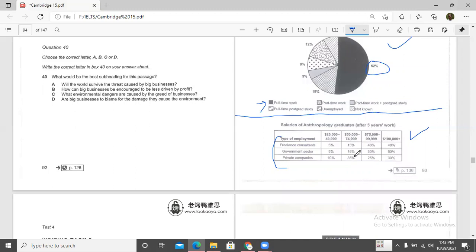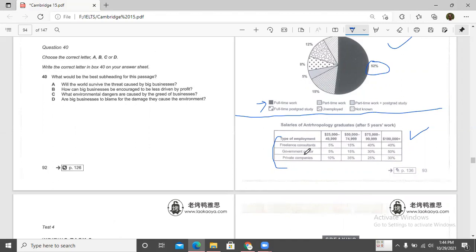If you talk about freelance consultants, 5% of the graduates went for freelance consulting, earning between 25K to 49K. More than that went for 50,000 to 75,000 in the same freelance consulting.